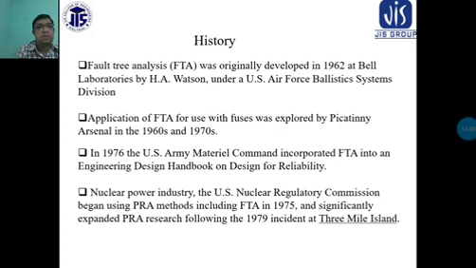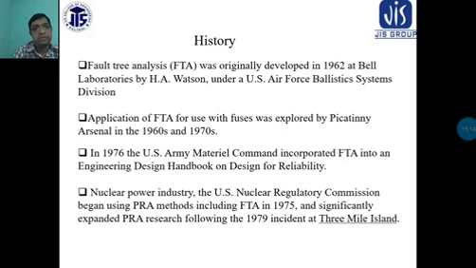In 1976, the U.S. Army Materiel Command incorporated fault tree analysis into an engineering design handbook on design for reliability. The US Army has different types of materials, and the design of materials will be considered according to properly maintained fault analysis.